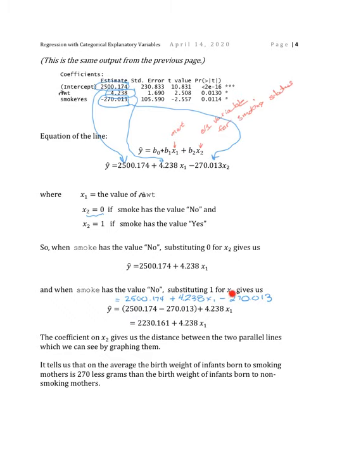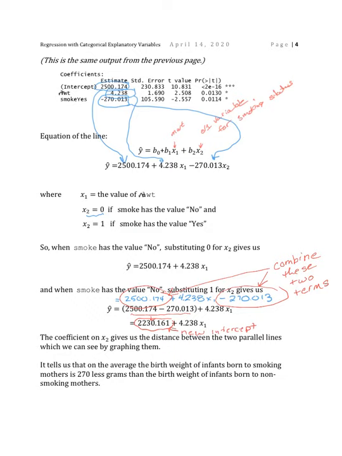That's just going to be, like I just got done saying, 270.013, and I can combine this with the intercept. So combining those two terms, which is the step I have right there, gives us this new intercept.